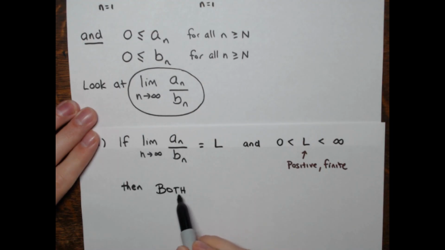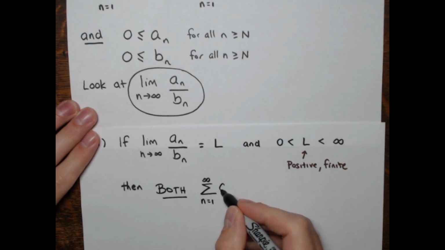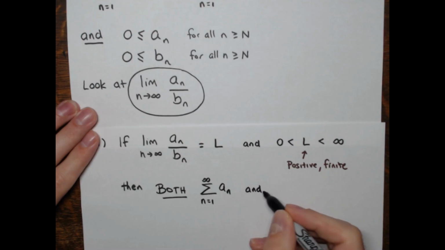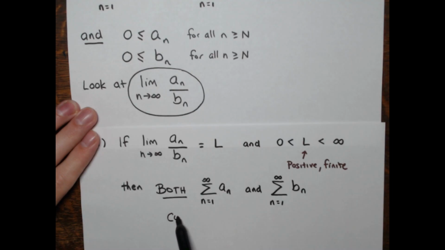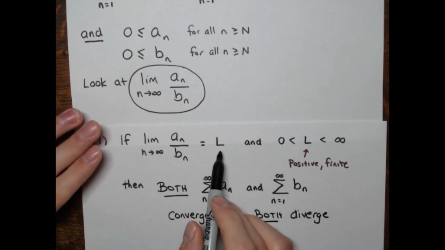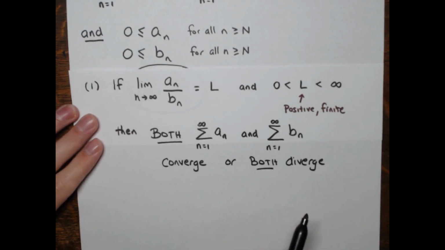Then both sums that we were given initially, both of these converge, or both of these series diverge. So that's if the limit is a finite non-zero value. And the reason for this is by direct comparison.